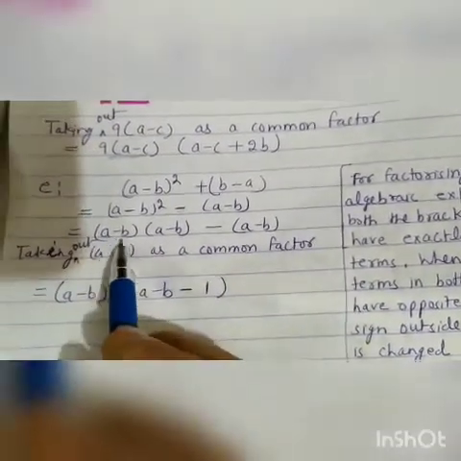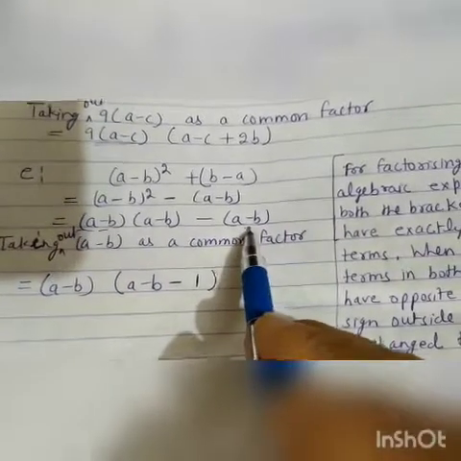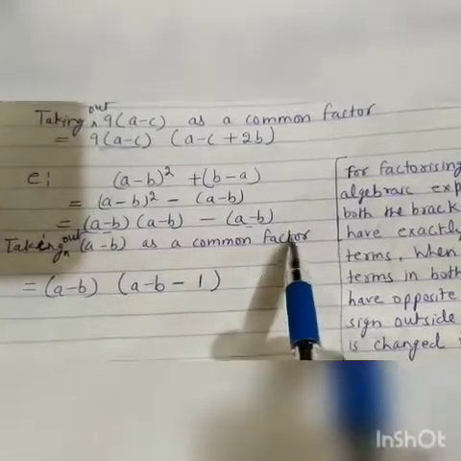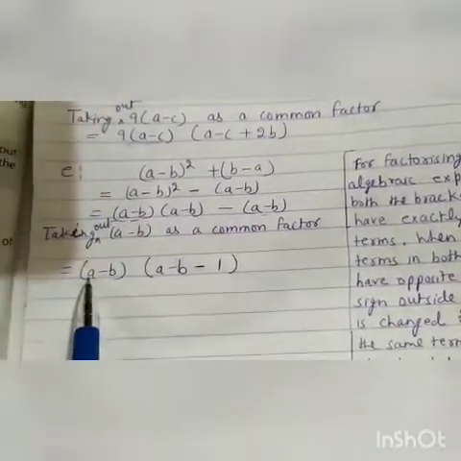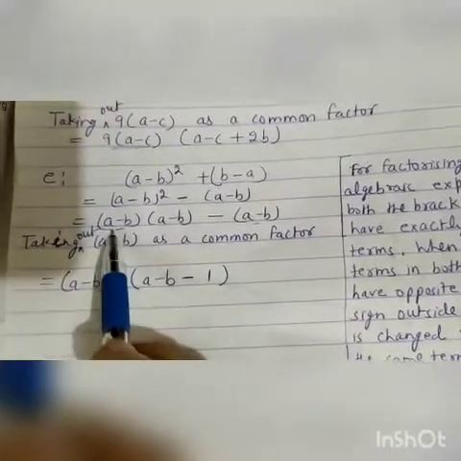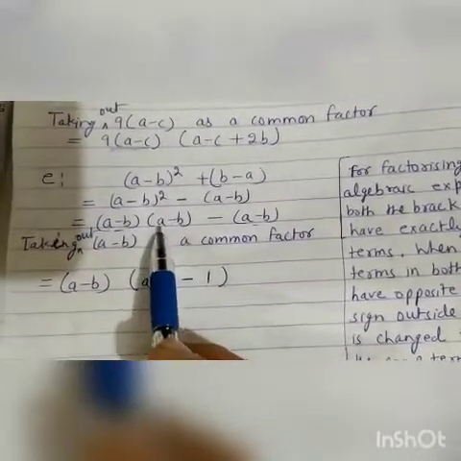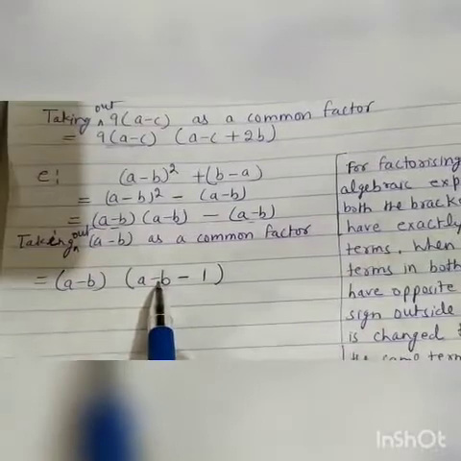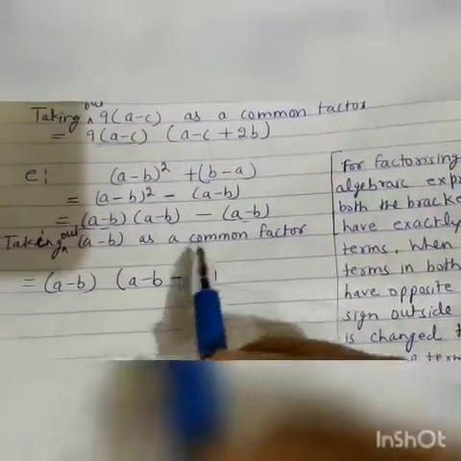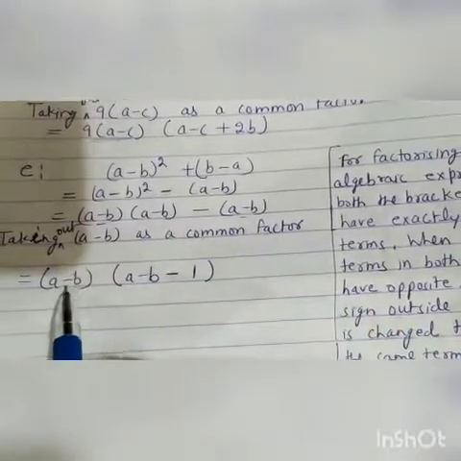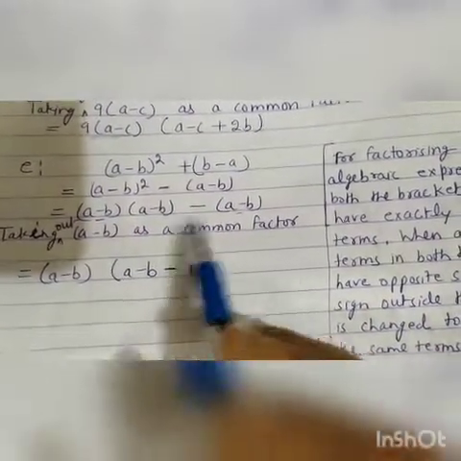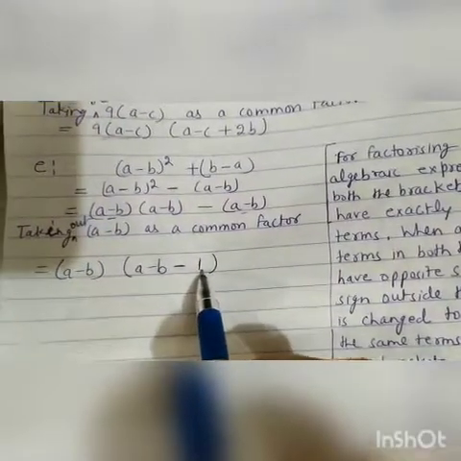Now what is common? This a minus b is common. So taking out a minus b as a common factor, what is left from the first term is a minus b, and from the second term this minus, and when we divide a minus b by a minus b, it will become 1. They will cancel, and it is (a minus b)(a minus b minus 1).